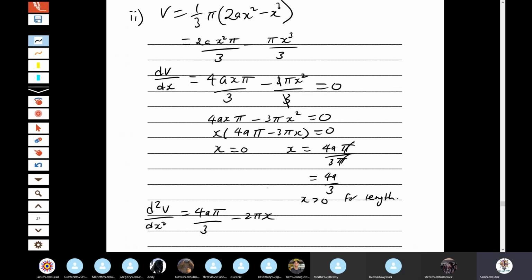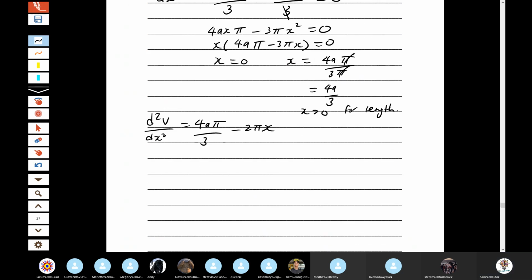Keep going. What do we do at this stage usually? Equal to 0? No, that's to find point of inflection. Sub in x. We had to actually substitute where we're at. We're at x equals 4a on 3.